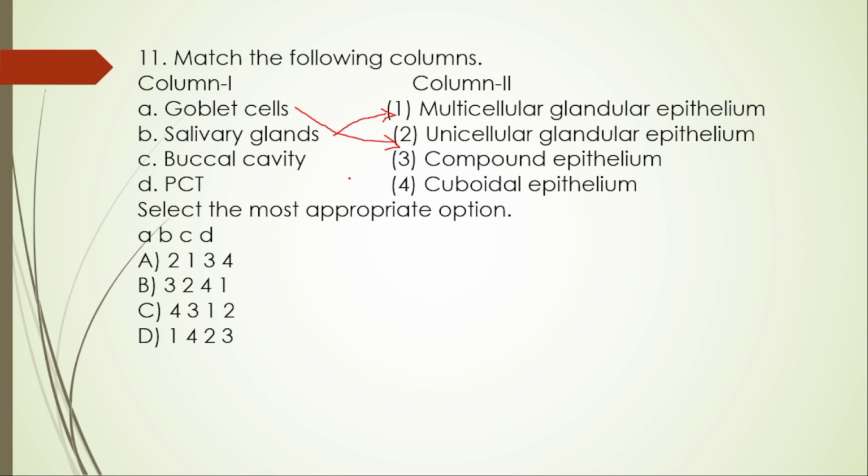And buccal cavity is compound actually, so C is for 3 and D is for 4. Just a minute. A is for 2, 3, B is for 1, 2, 1, 3, 4, 2, 1, 3, 4. So option A is correct here.